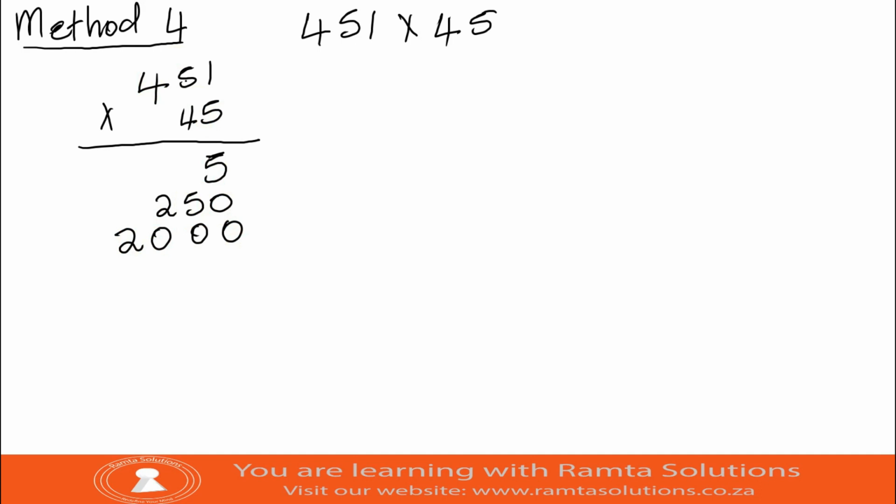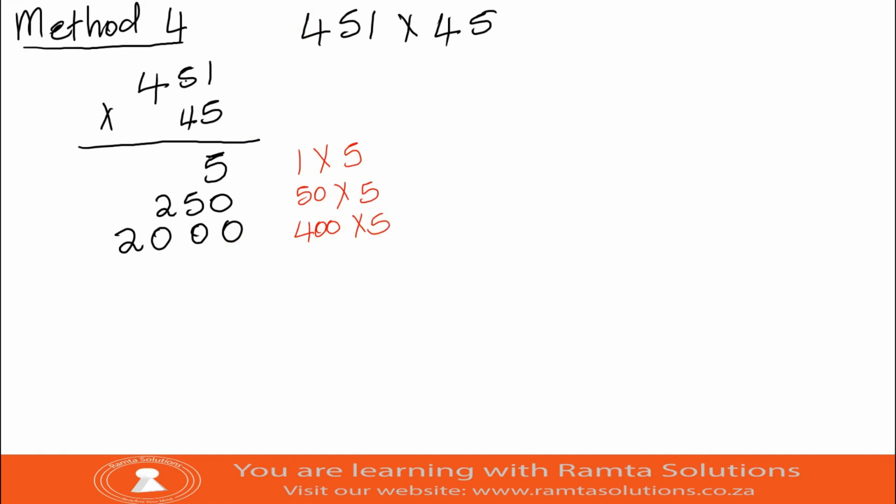Let me write here the comments. Basically, this is 1 times 5, right? This and this is 50 times 5, while this is 400 times 5.